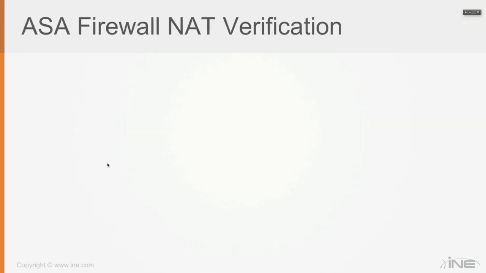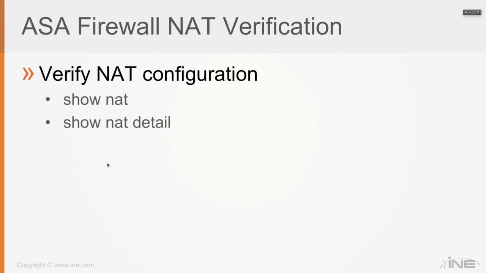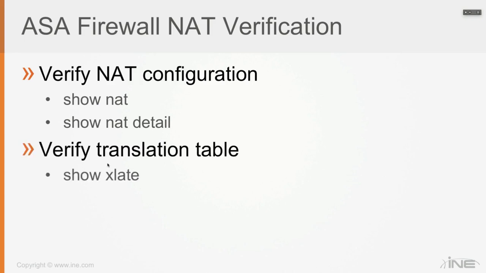Verification wise, we have the show nat or show nat detail commands to verify our NAT configuration, in which section the ASA has added those NAT statements, and what the NAT statements are. Then to verify the translation table, show xlate, we're going to see in there the translation entries. If it's static, we're always going to see the entry in the translation table.